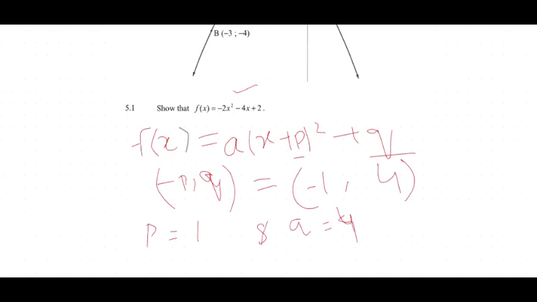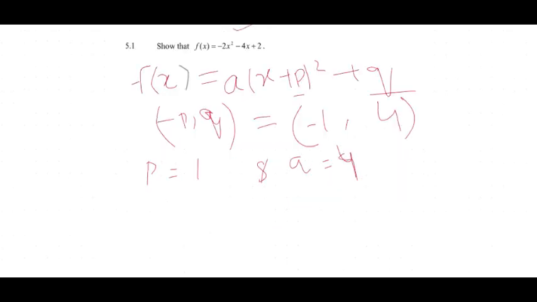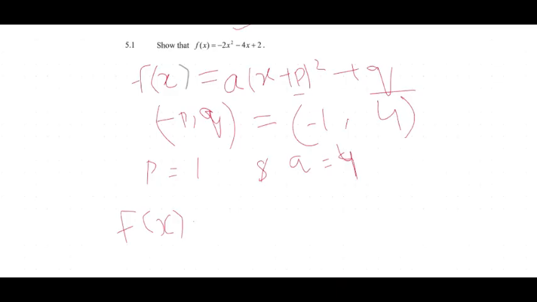So we have f of x equals a into (x plus 1) whole square plus 4. Now I simplify this equation, which gives a(x squared plus 1 plus 2x) plus 4.